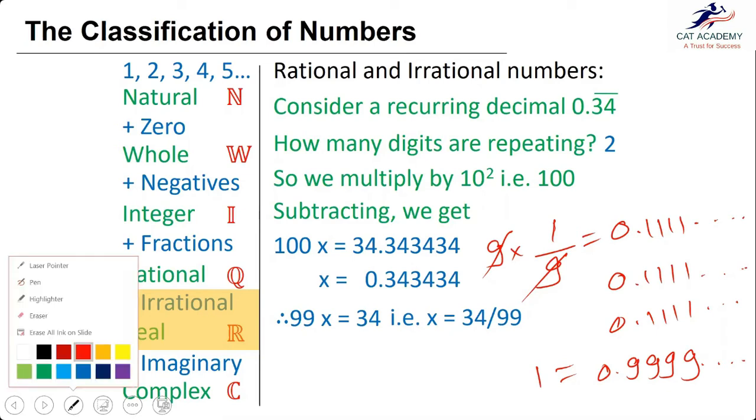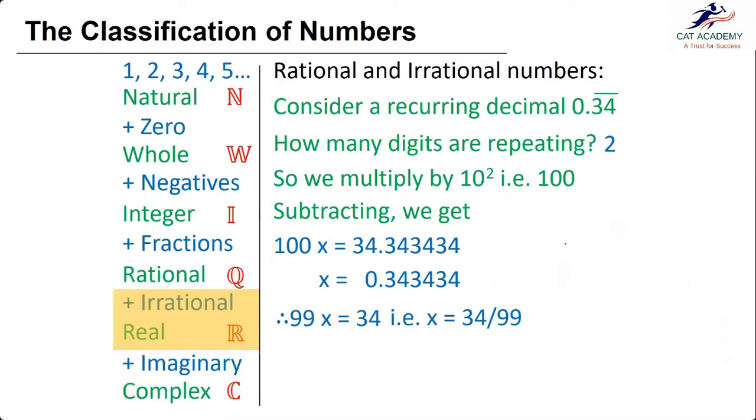Yeah, in general, yes. Soumya, 0.46 bar can be written directly as 46 by 99. Yes, Vaibhav, it tends to be a very small part. After infinite decimals, there will be that small part which is creating a difference.